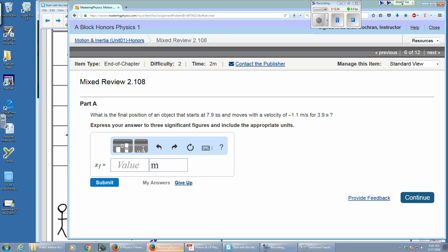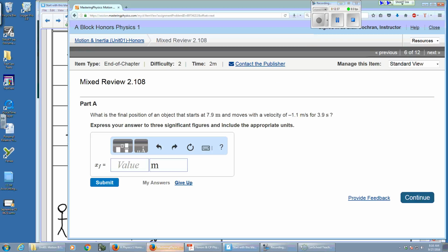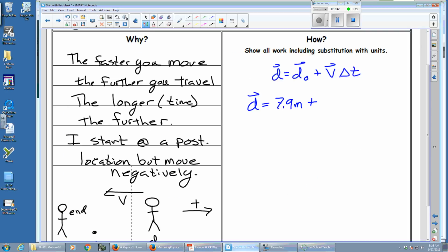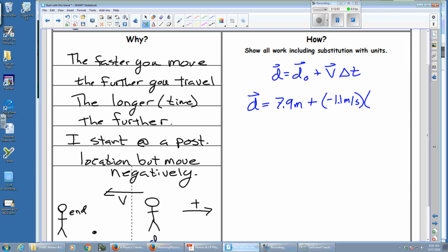It starts at 7.9 meters. So that's my D naught, 7.9 meters, plus my velocity is negative 1.1 meters. Whoops. So negative 1.1 meters per second. And the length of time that I travel for, 3.9 seconds. Do all that in my calculator.